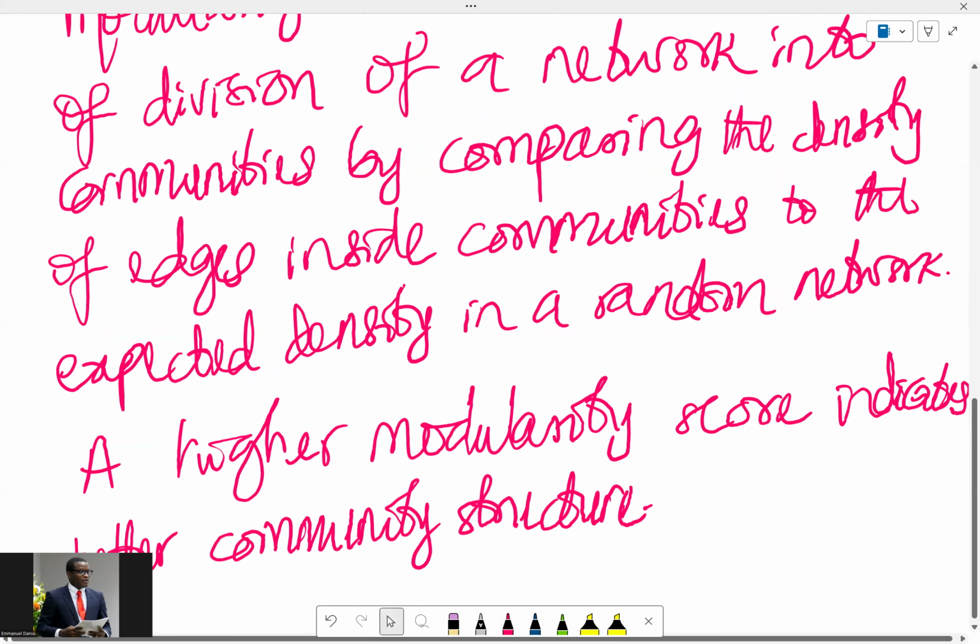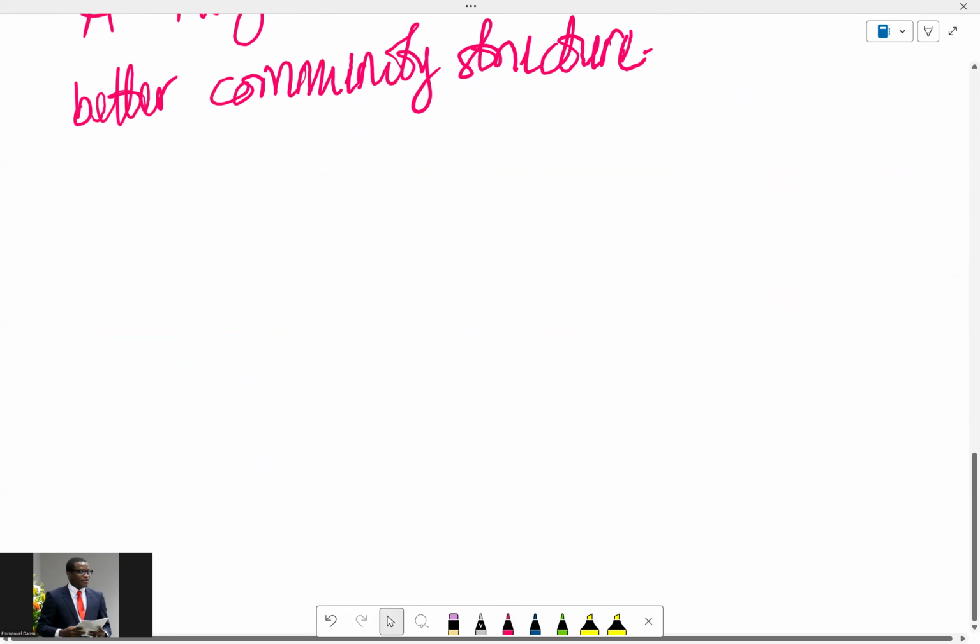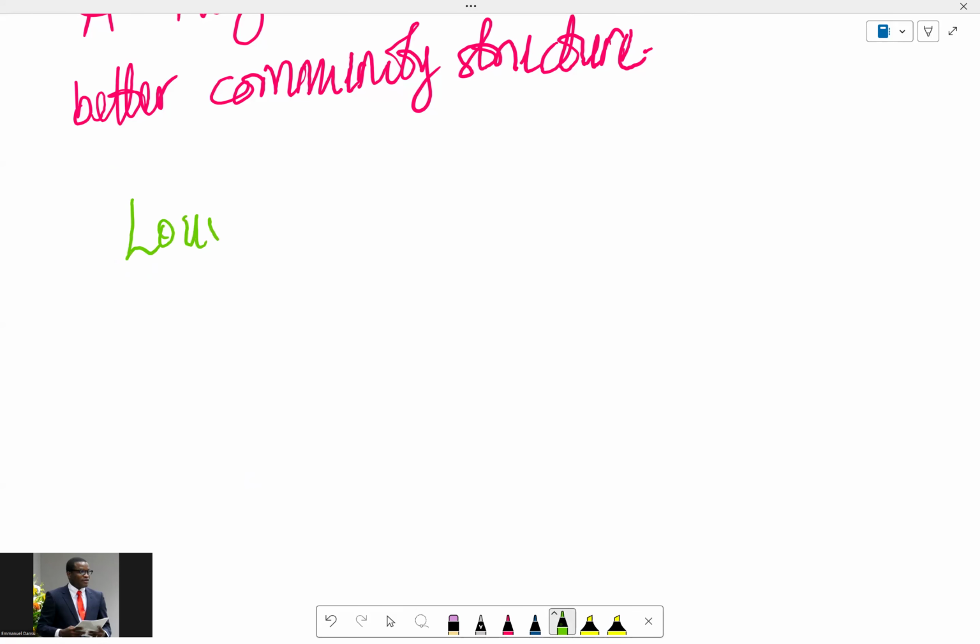What does it look like? So they are connected. That's how we take them together.